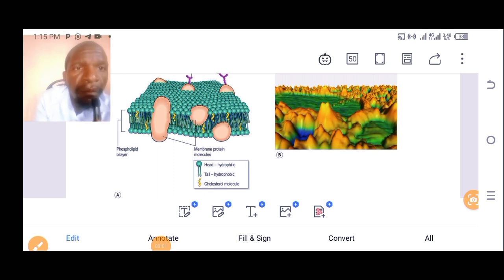Those are cholesterol molecules. The reason why you need to know the structure of the plasma membrane is for you to understand how different substances, molecules and chemicals move across membranes by different processes such as osmosis and also active transport.